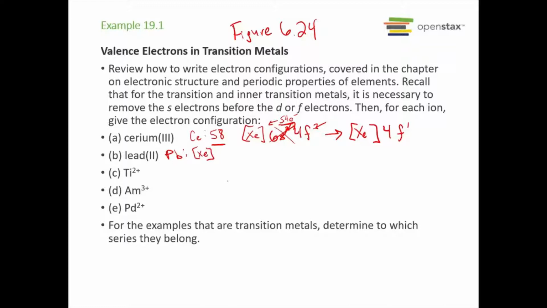And xenon, just like in cerium, is filled up through the 5p orbital. So we're going to start with 6s, and we have 6s2. So there's 2, and then 4f14.